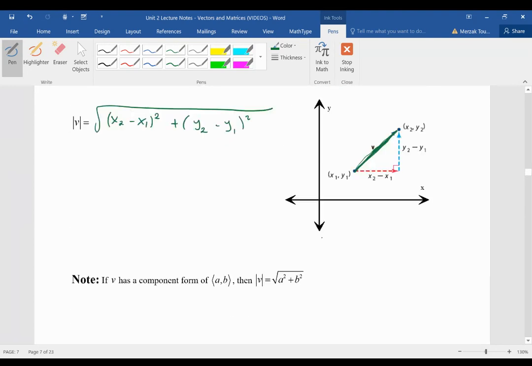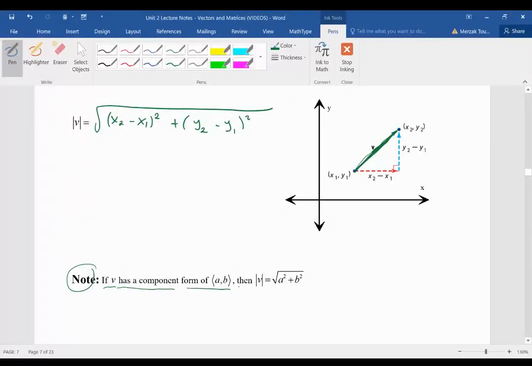If we're directly given a vector v in its component form, with the values of A and B, then we can go ahead and use the Pythagorean theorem.